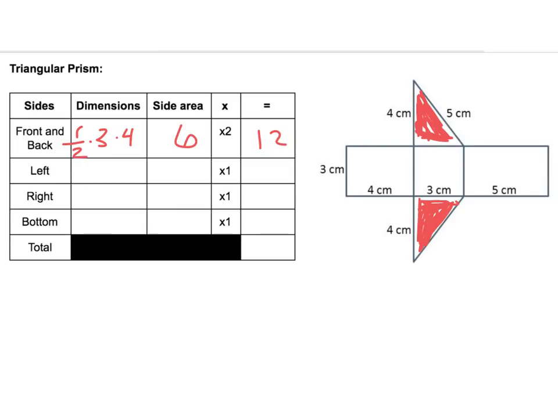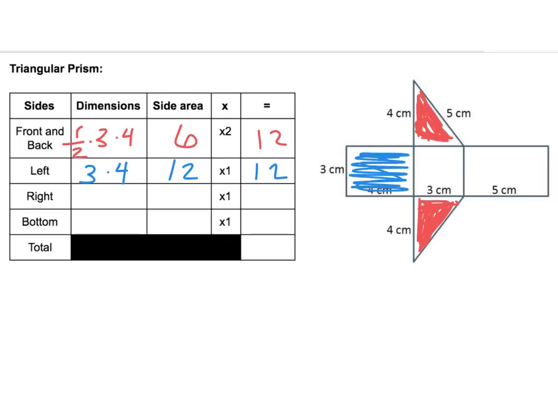All right. Now let's look at the left side here. The left side is 3 by 4. That's 12. Notice that that isn't replicated anywhere else. The right side is different from the left in this picture, and so we're just going to write that as 12.